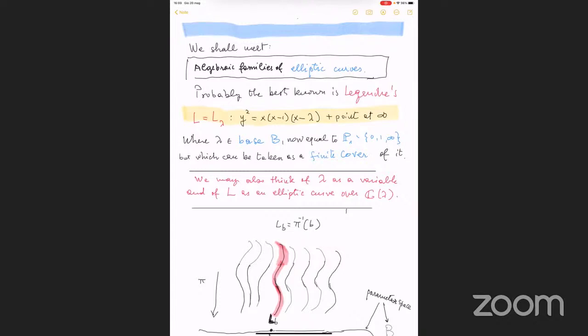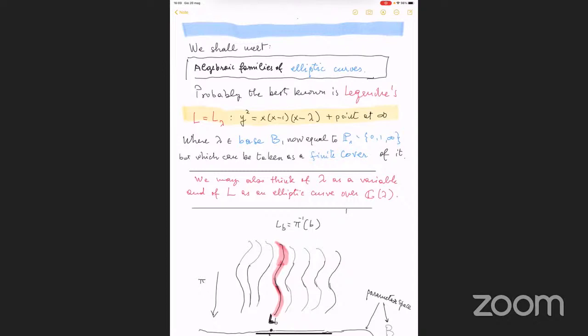Y square is equal to a cubic polynomial, and in this family, the cubic polynomial has always the roots 0 and 1, and then a third root called lambda. And for each lambda, different from 0 and 1, we obtain an elliptic curve. So for varying lambda, we obtain this Legendre's family of elliptic curves.